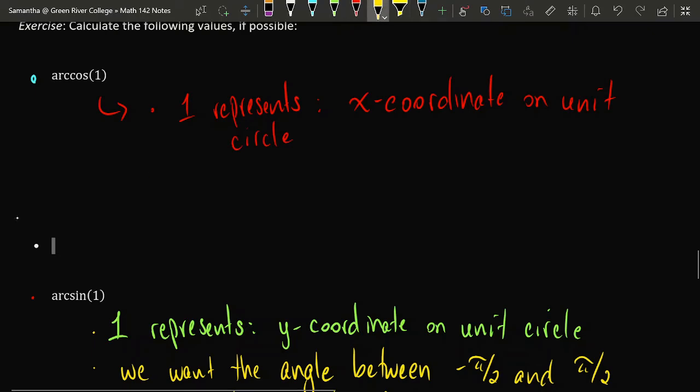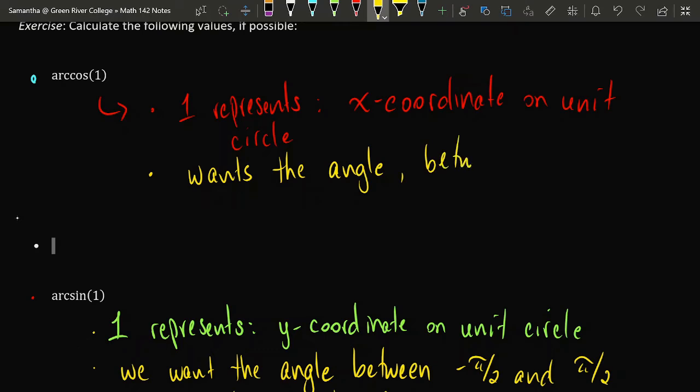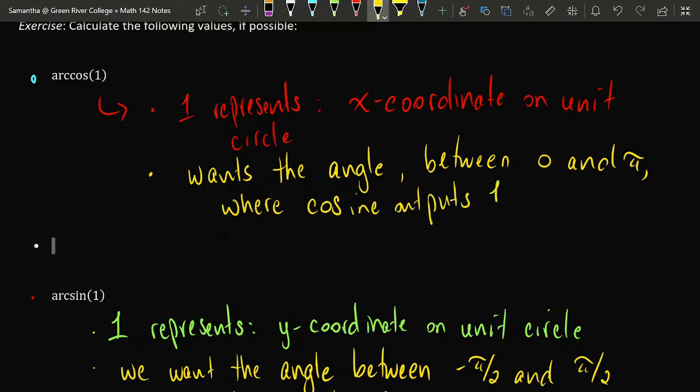And what is this problem asking for? It's asking for the angle, specifically the angle between 0 and pi radians, where cosine outputs 1.